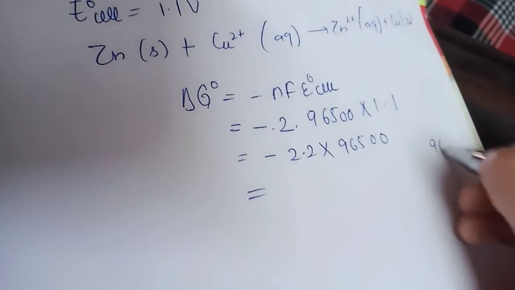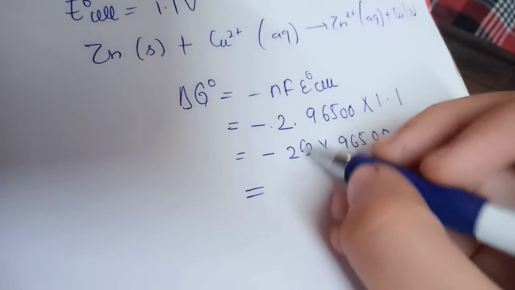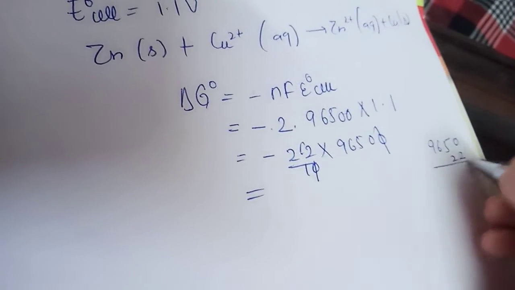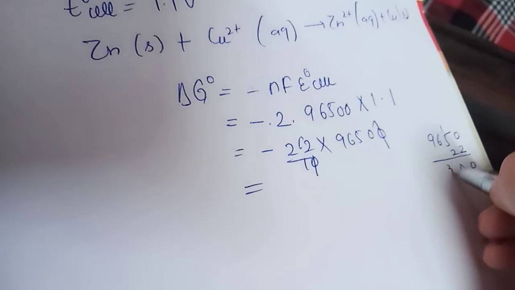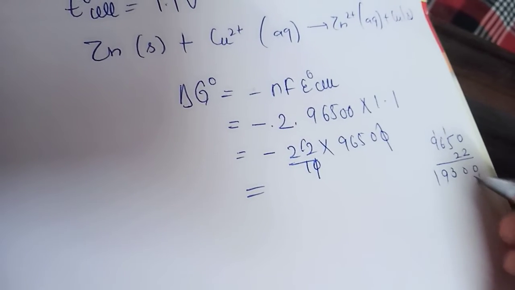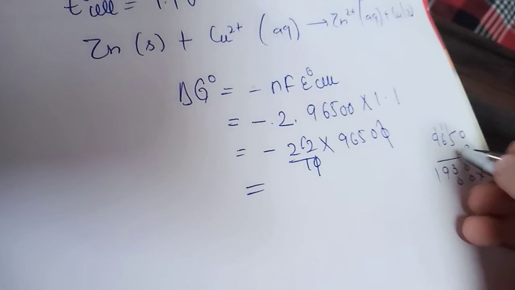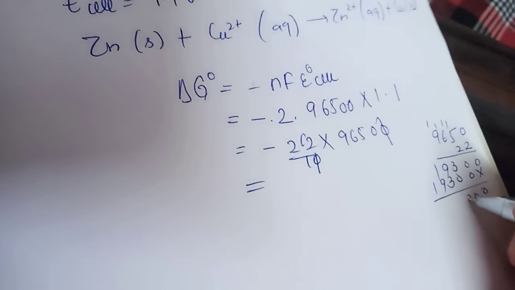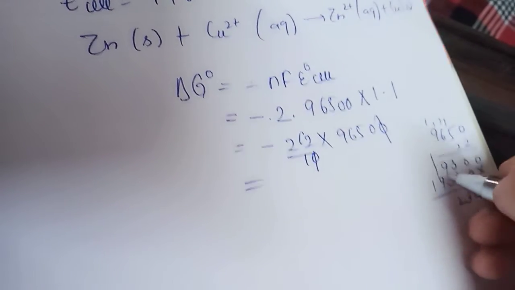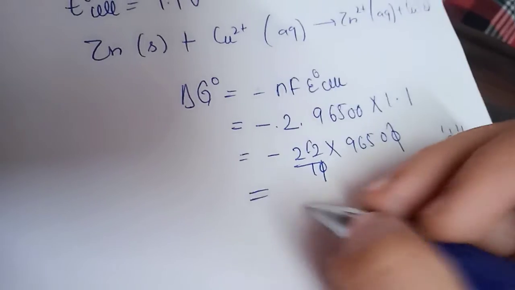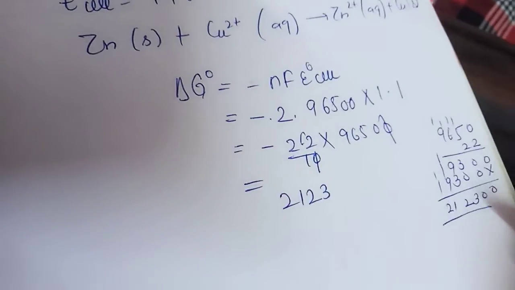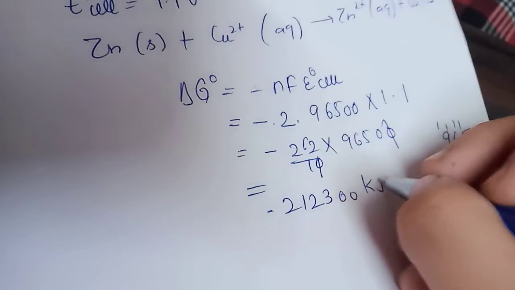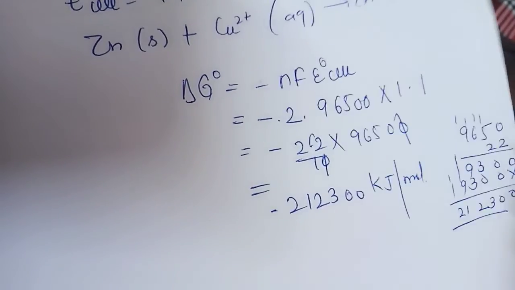So calculate this. 96500 into 2.2. Units are kJ, kilojoule per mole.